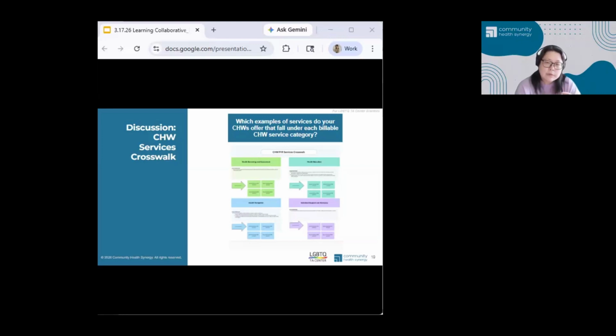So, again, the health screening and education, health navigation, and the individual support and advocacy. So maybe use this graphic as a guide for you to do your own assessment here. And that can get you to think about where your services fall in those categories.